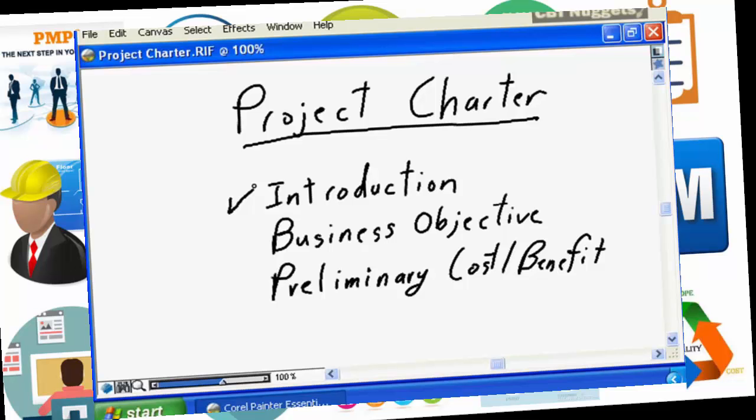Probably most importantly, this introduction, this executive summary, needs to be well written, a very powerful, very complete executive summary in 1 to 2 pages that outlines everything about the business requirements and everything about the project, to ensure that it receives the attention of senior management and the attention it needs to get the approval to proceed to the next stage, which is planning.